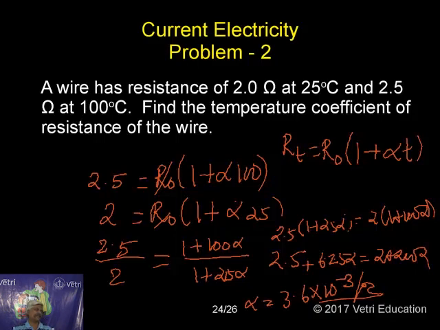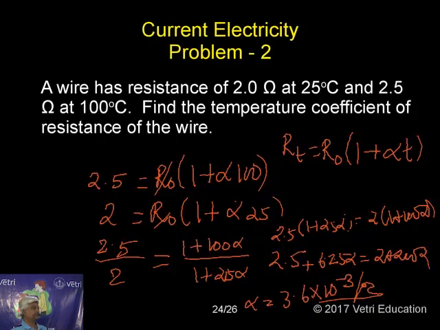So what is the concept? Here, this is the way. Otherwise, I have given another formula also in the regular class itself. We have discussed the same thing. What is the formula? R2 minus R1 by R1 T2 minus R2 T1.